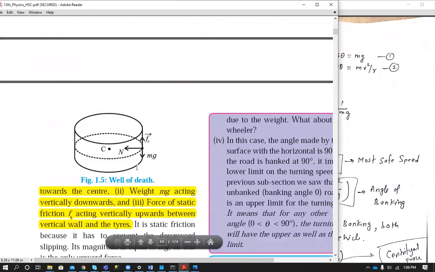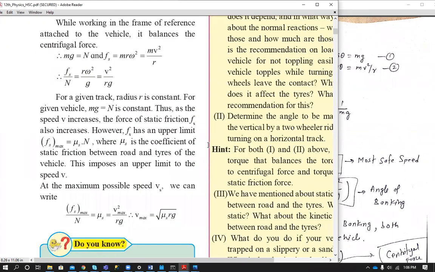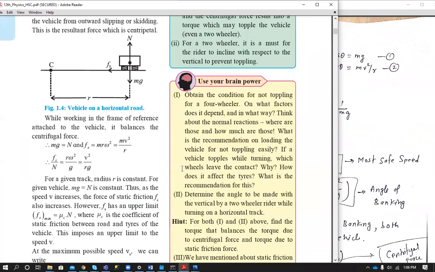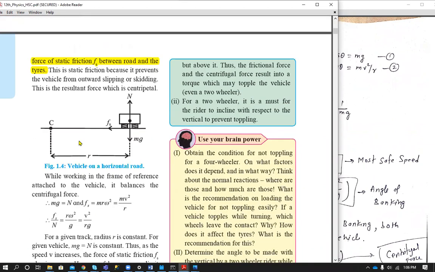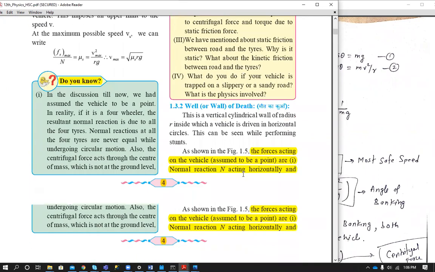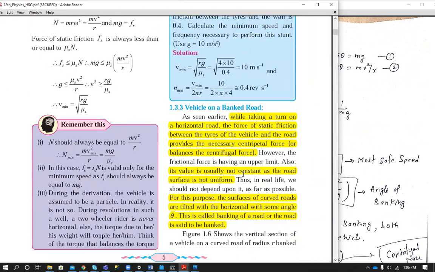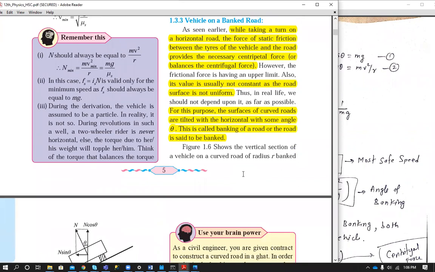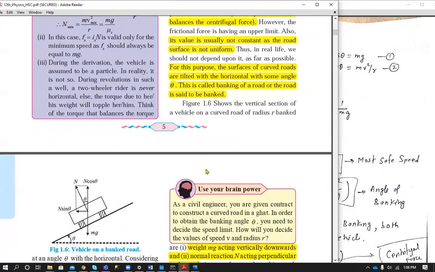But this friction is not reliable, because in the rainy season, or if the road is wet with water or oily, friction doesn't play any role in providing the necessary centripetal force. So that's why there is another way to increase the safe speed for a vehicle, by making the road's outer edge inclined at some angle with the inner edge.